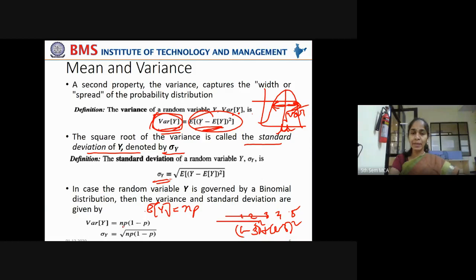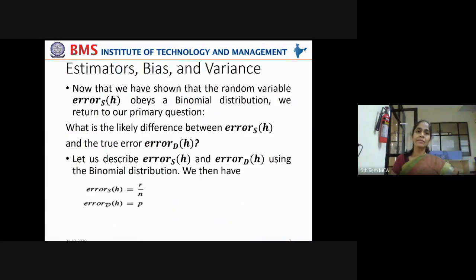It is np multiplied by 1 minus p, where 1 minus p is the probability of occurrence of the opposite of the event you are interested in. So it is np into 1 minus p. Now, what is the standard deviation? Simply apply the square root over that. It is the square root of np into 1 minus p, right?